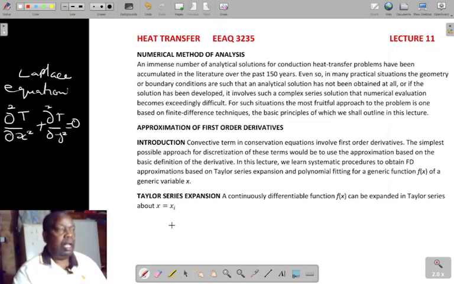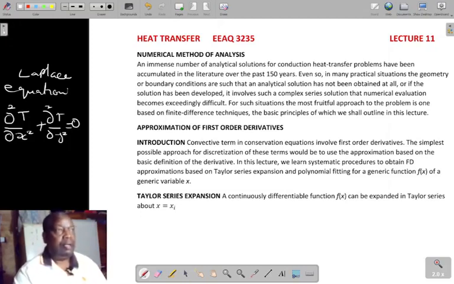As we know, these equations, whether in partial differential form or integral form, are continuum.